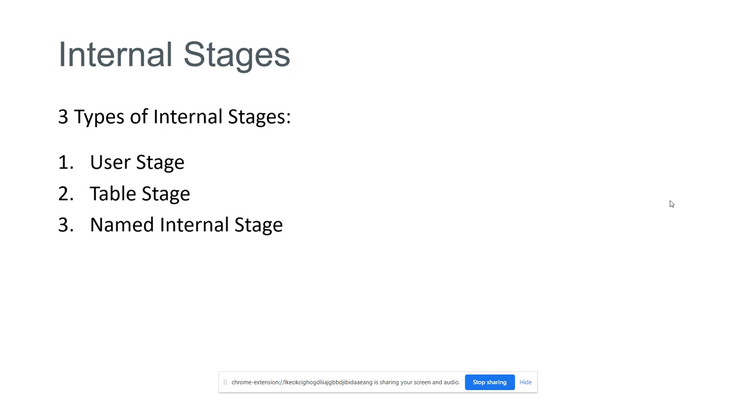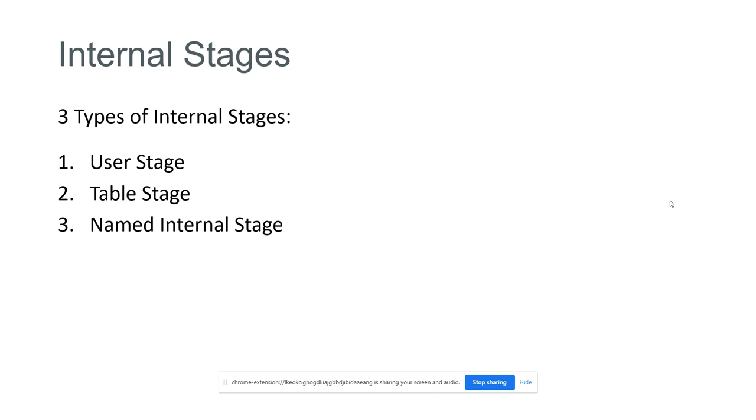If files are available in external cloud storage locations, by creating external stages we can extract those data files and load them into Snowflake. But suppose we have data files present on our local desktop, like a Windows machine or Linux server. How can we extract those files' data and load it into Snowflake? For that purpose we use internal stages.